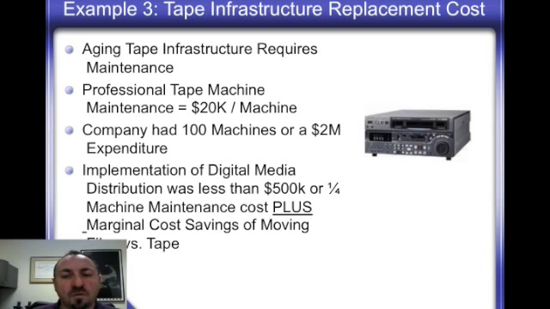But for about 1/4 of their investment, they were able to go to a file-based distribution model. Plus, this doesn't even count the marginal cost savings, because now they're moving files and not tapes. So again, a very quick ROI.